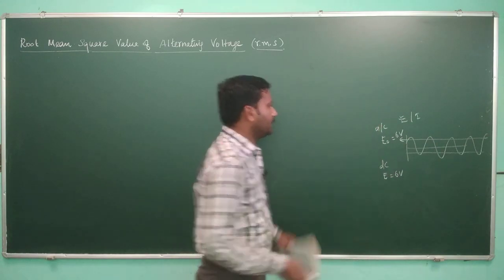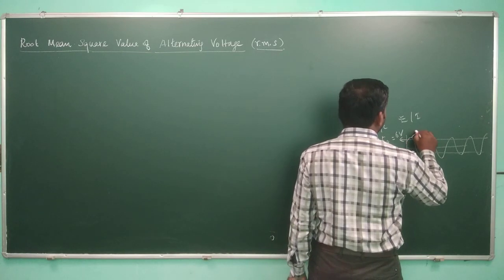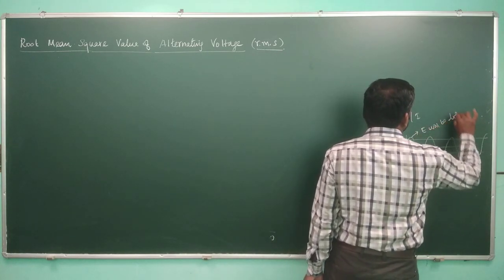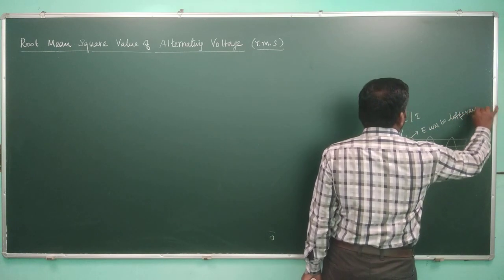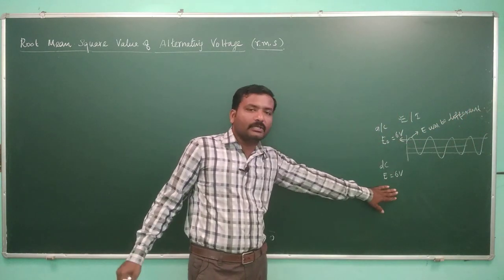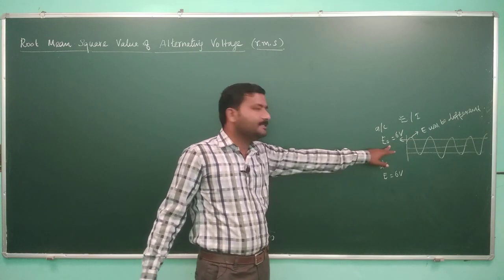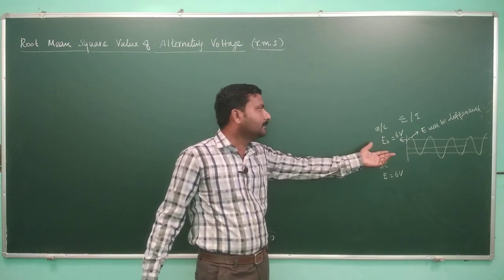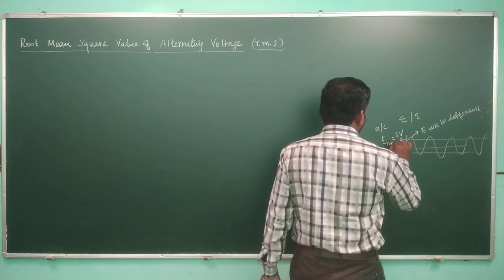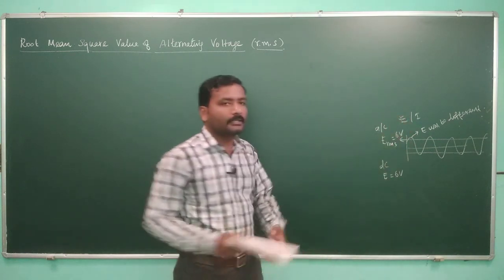Here the E0 and the E will be different. Now, you see, a DC has 6 volt peak value, while an AC has 6 volt RMS value. Not E0, the RMS value, right?